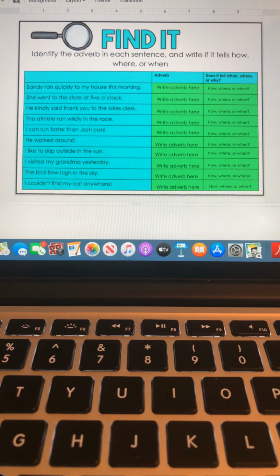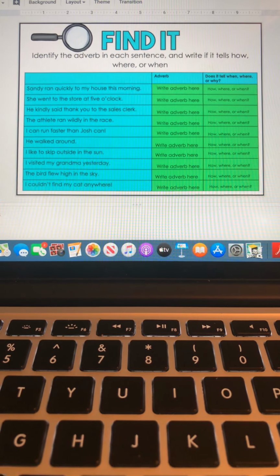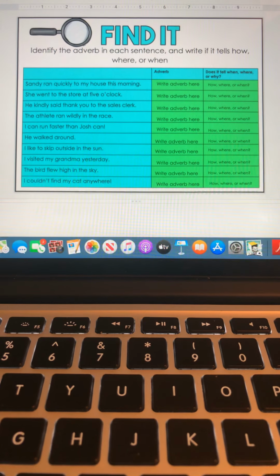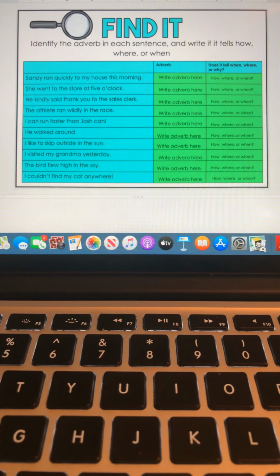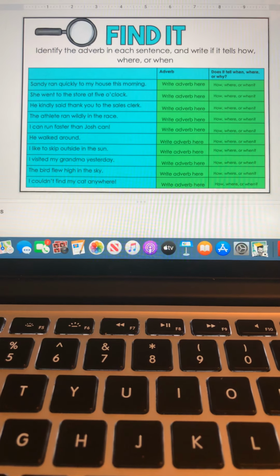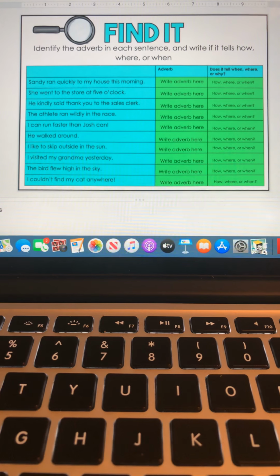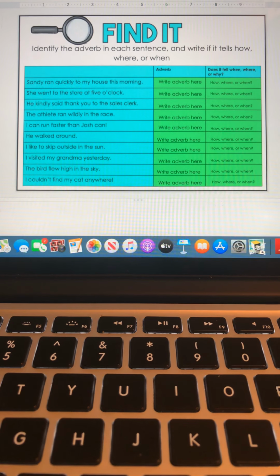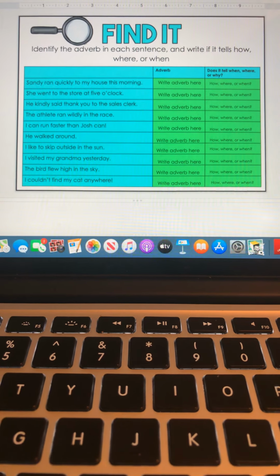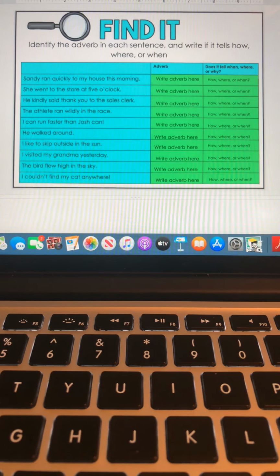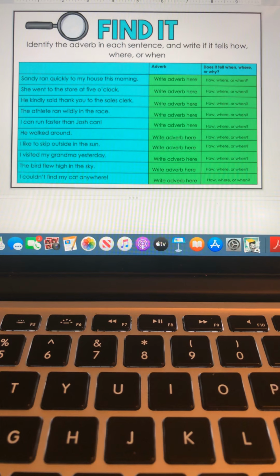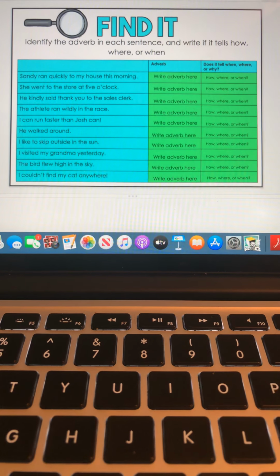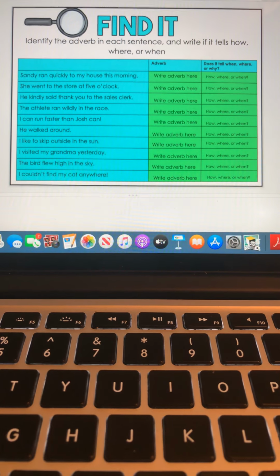He walked around. The next one, I like to skip outside in the sun. The next one, I visited my grandma yesterday.